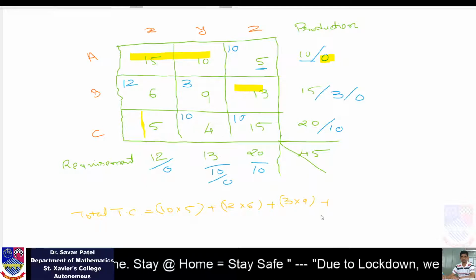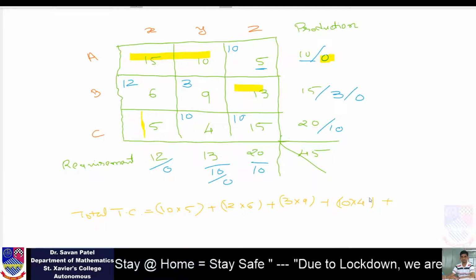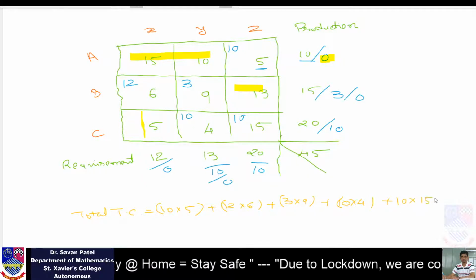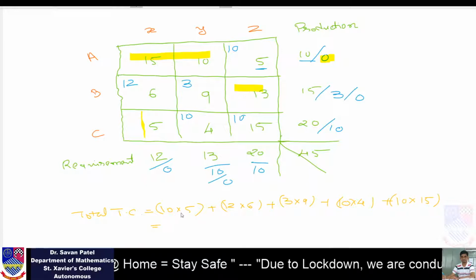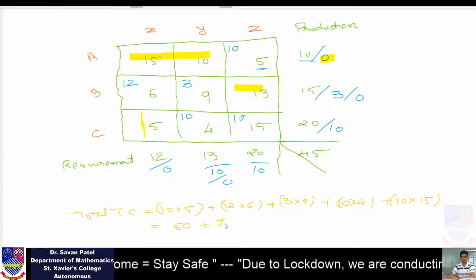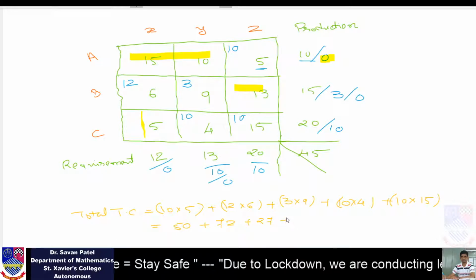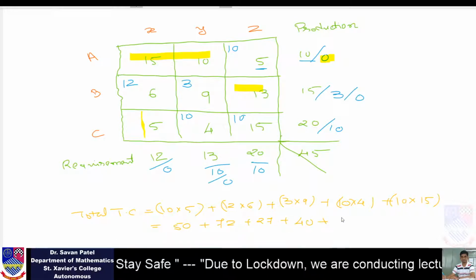Then here it is 10 times 4. Then here it is 10 times 15. So here it is 50 plus 72 plus 27 plus 40 plus 150.